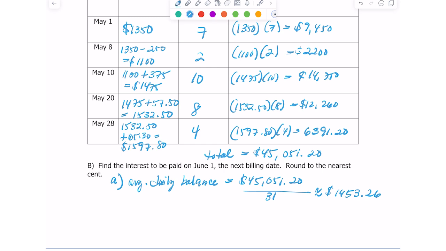Okay, now I want to use that to find part B, which says find the interest to be paid on June 1st, the next billing date. So what they do is they take the simple interest formula, remember that's principal times rate times time, and you're going to multiply the 1453.26 times the rate, which is 1.3%, so that's 0.013, and then times 1.